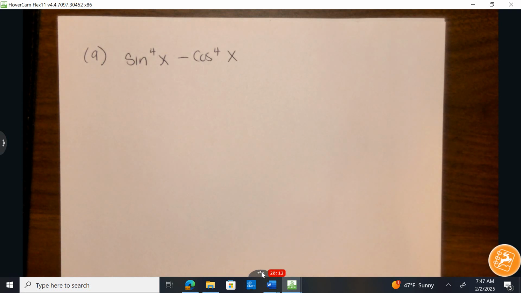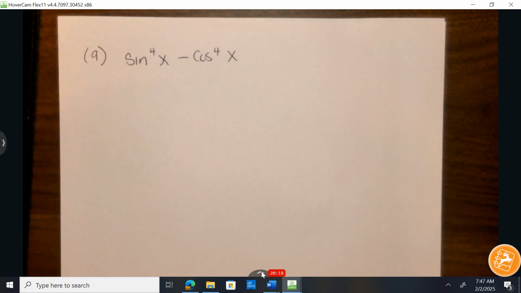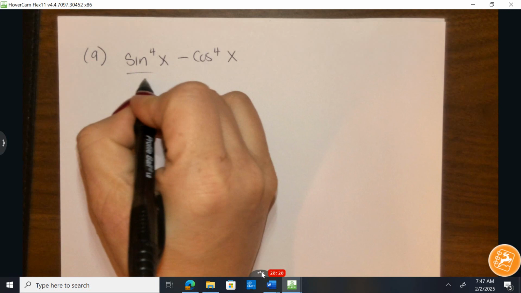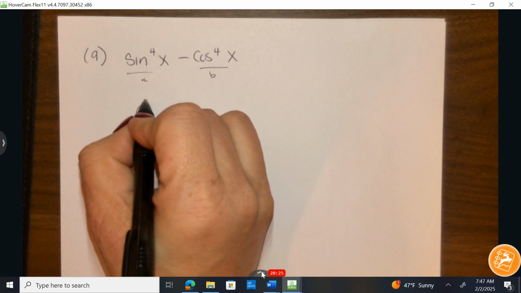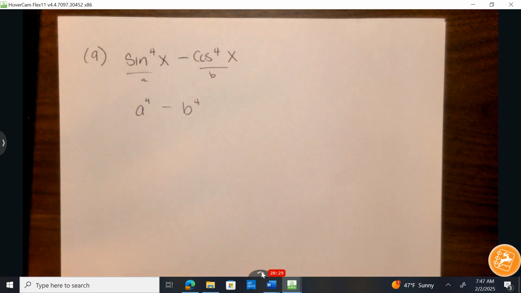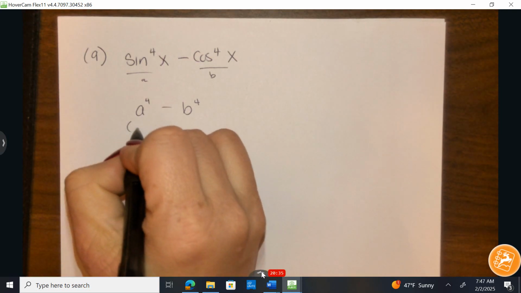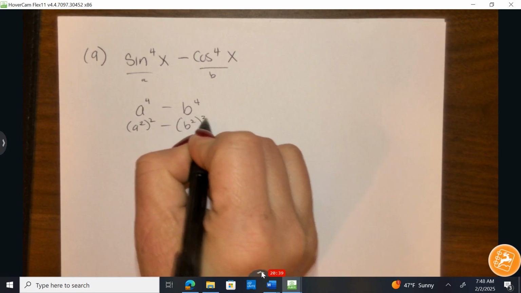What can I do here? Well, I recognize two completely different terms, and I'm thinking to myself, if I called this a and I called this b, and I said, what is a to the fourth minus b to the fourth? How would I go about factoring that? So that would be a squared squared minus b squared squared.